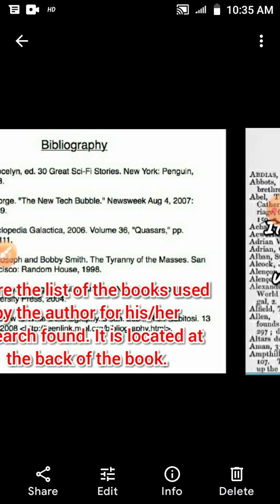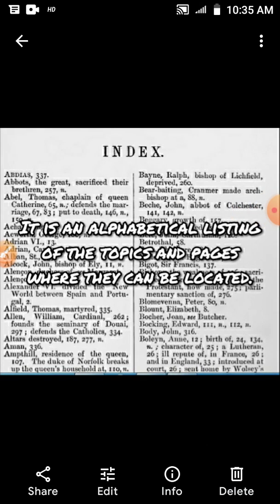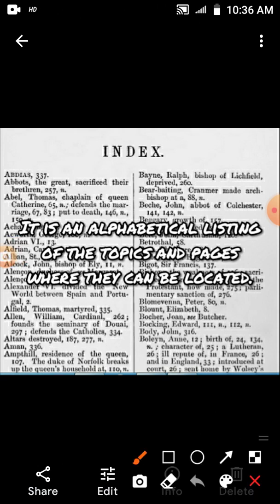Okay, then after bibliography the next is index. What is index? It is an alphabetical listing of the topics and pages where they can be located. Index is a part of a book in which you can see the alphabetical list, as you can see in this same picture, it is like A, B, meaning all the words starting from A. You can see it is arranged in alphabetical order.